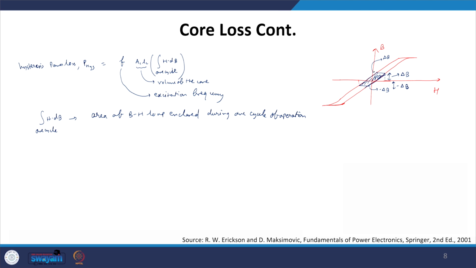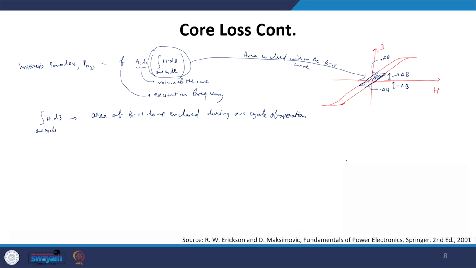Then while going in the opposite direction we get delta B in the negative direction, which is given as minus delta B. So this particular area is the area enclosed in the BH curve during one cycle of operation.